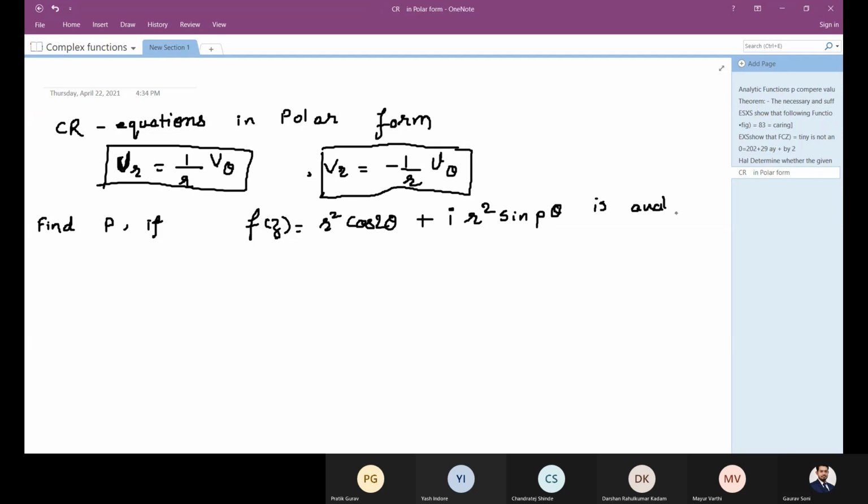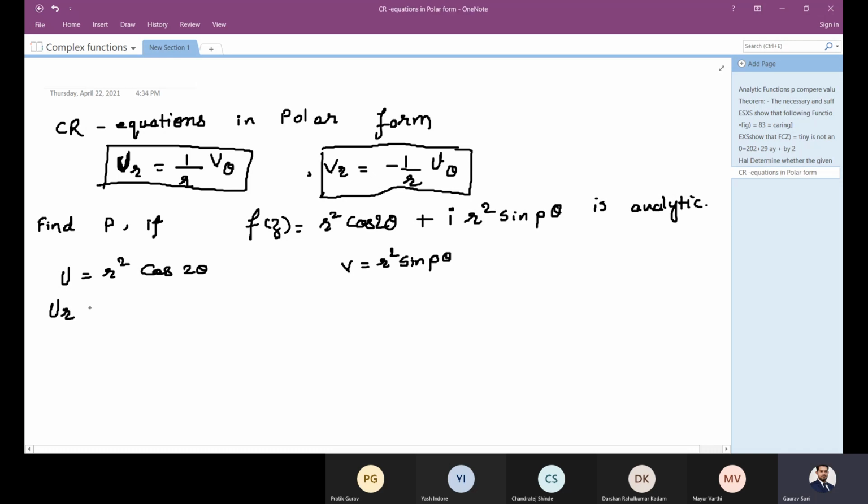What do we observe? We observe that u and v are given in terms of r and theta, which means that we are working in polar coordinate system. So if we are in polar coordinate system, CR equations to be used should be polar. So u is r square cos of 2 theta, v is equal to r square sine of p theta.